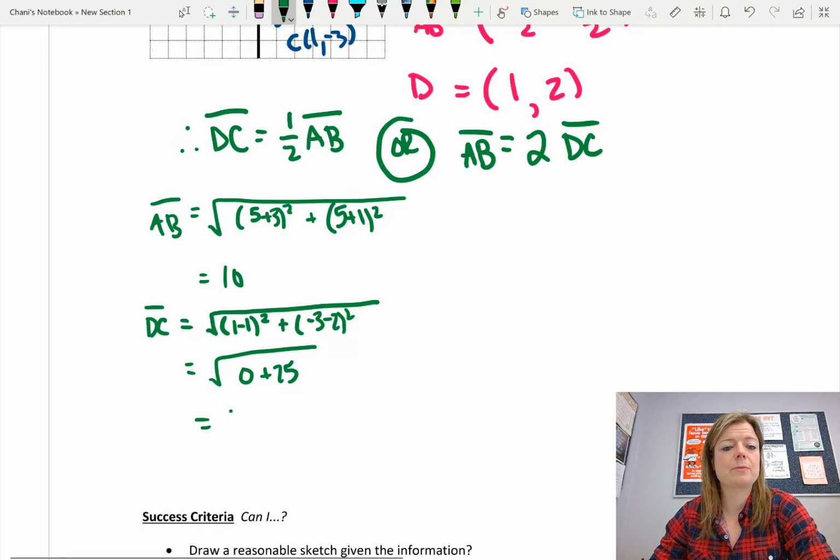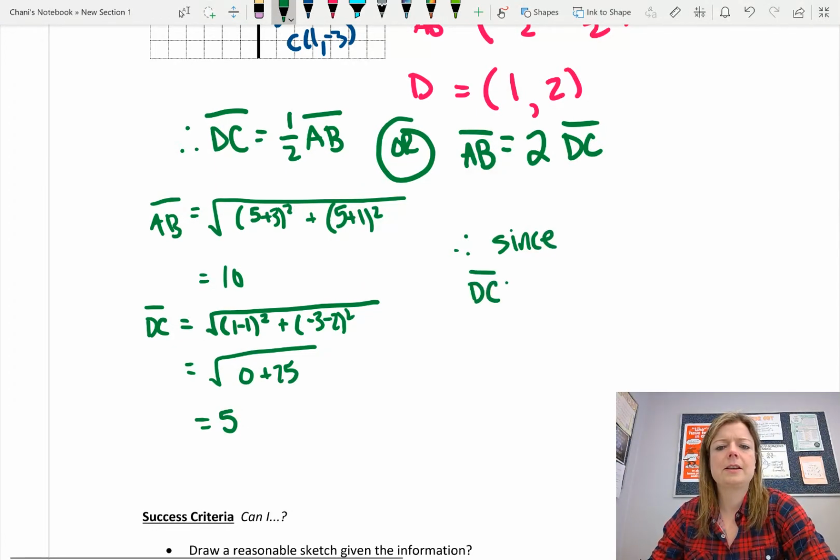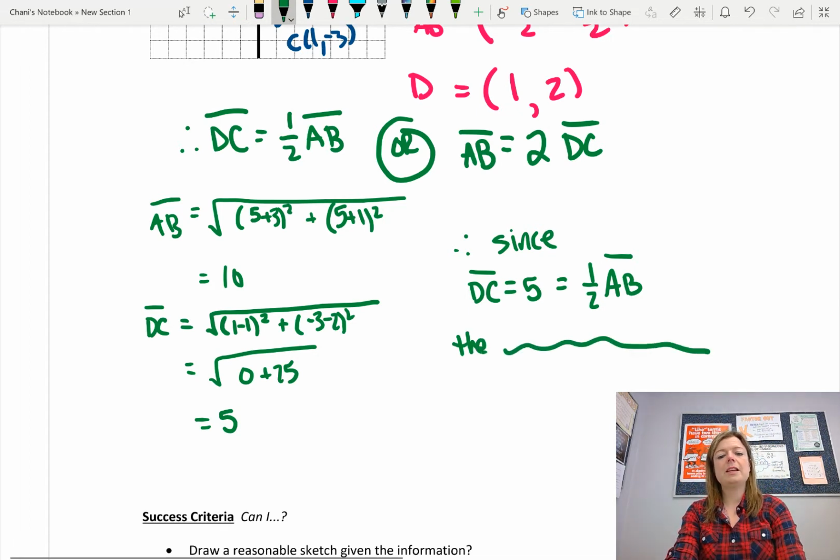So the square root of 25, which is 5. So therefore, since DC is equal to 5, which equals a half of AB, the median, and then you can just write your sentence. The median from the right angle is half the length of the hypotenuse.